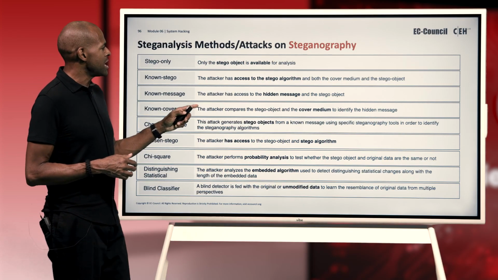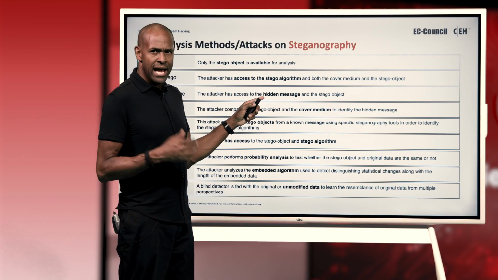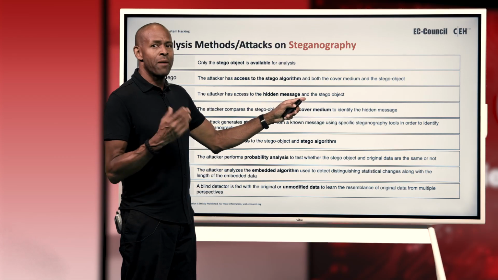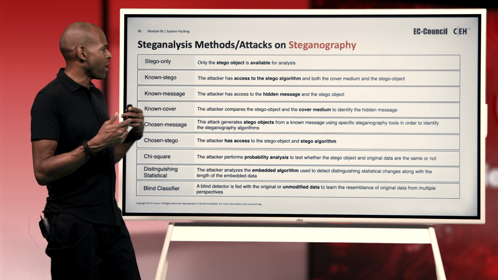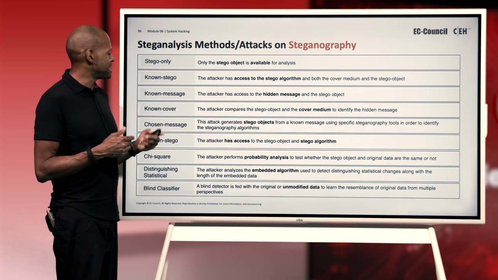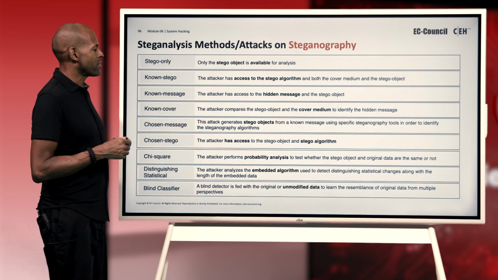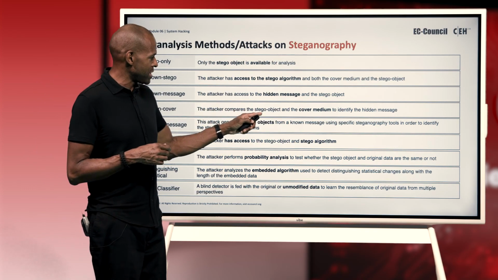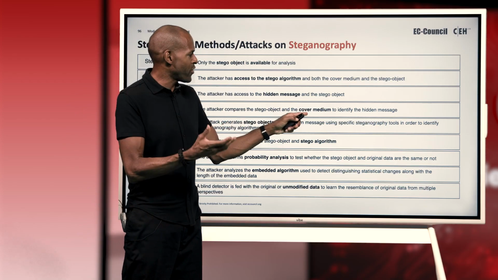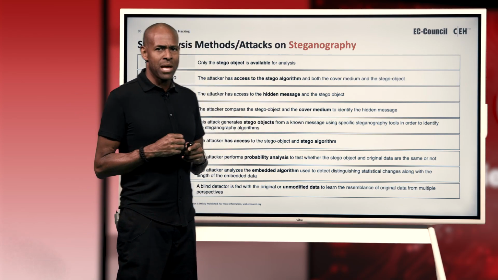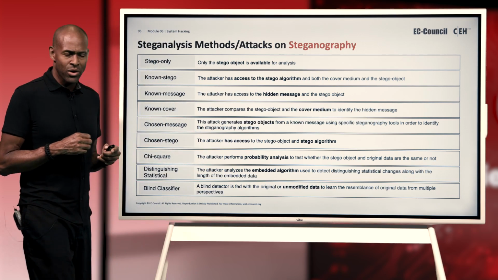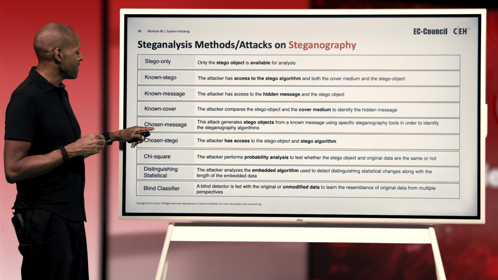I have access to the hidden message, and I have access to the stego object. I might be able to reverse engineer it and find out the algorithm and other items that were used. Known cover: I compare the stego object and the cover medium, and in that comparison, I might be able to find the stego message, the hidden message.